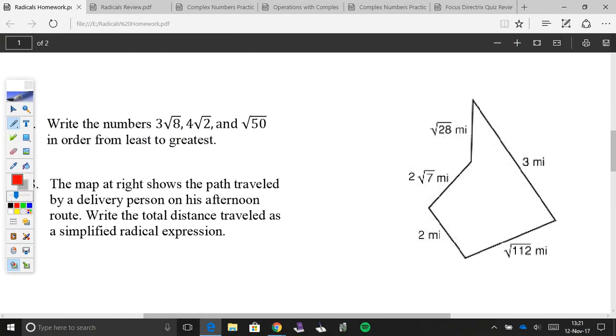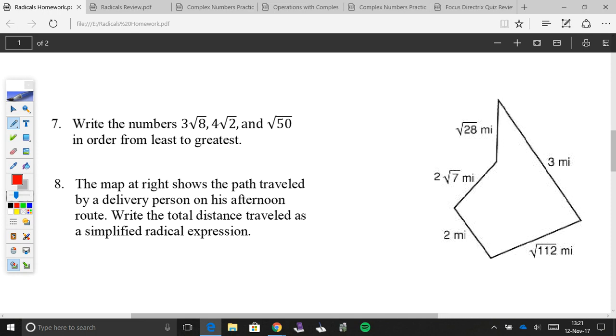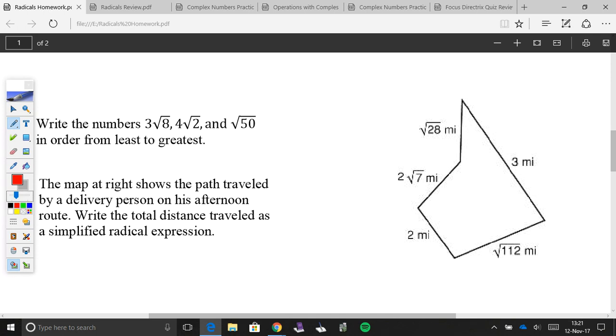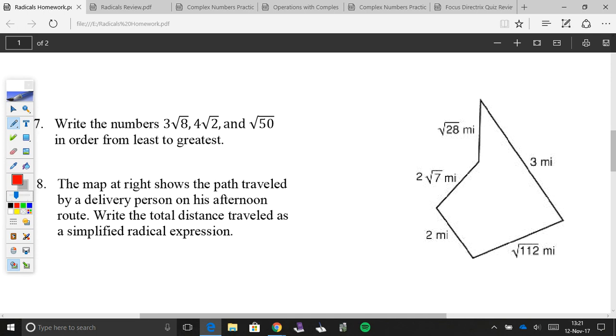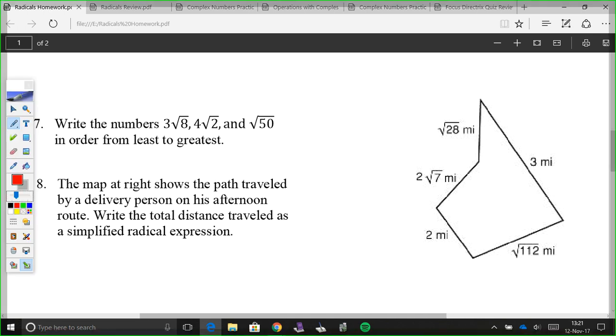Number 7, if you want to do this one, you could just basically plug these numbers in your calculator and see what they give you as decimals. Okay? And then write them back in radical form from the smallest to the biggest.